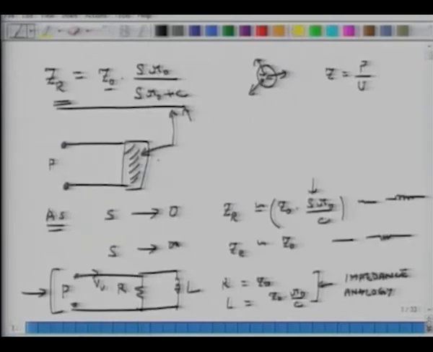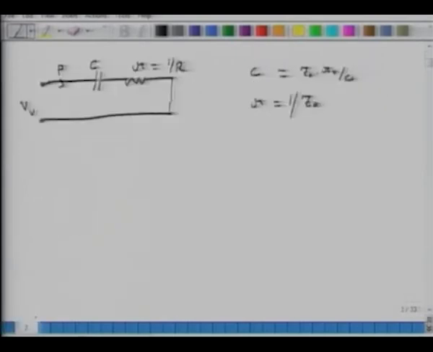I think I made a small correction is due. So here it's actually velocity. So I have to adjust.